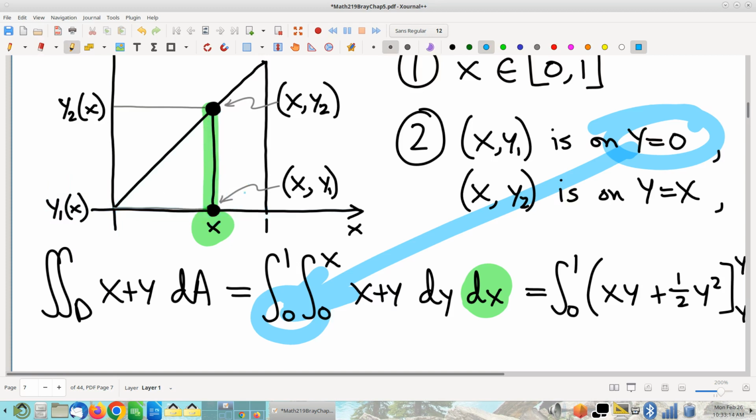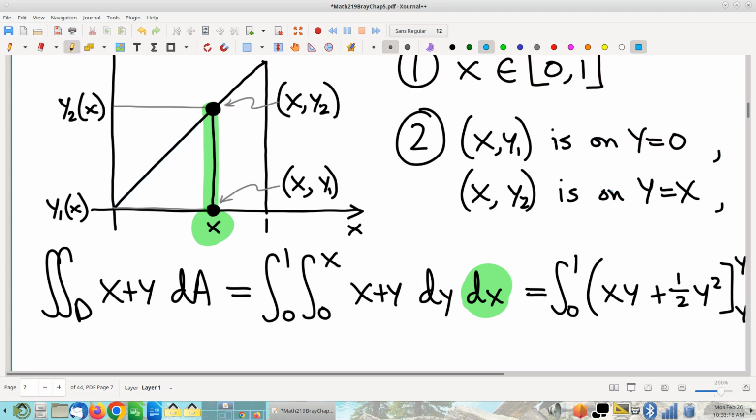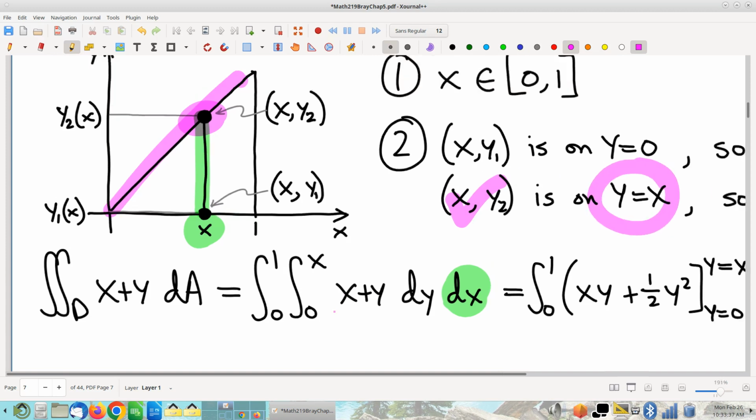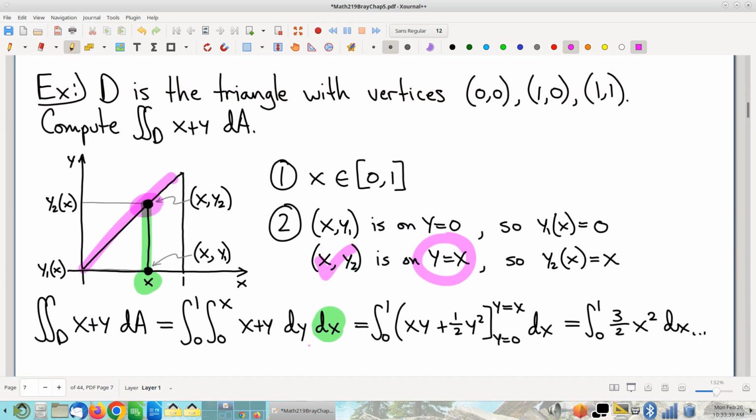the next case. Let's look at the upper bound. The last value of y, again, as y ranges over my x slice. That point is on that curve, which has that equation. Now, real quick, side note, how do I know that that's the equation? That wasn't given.